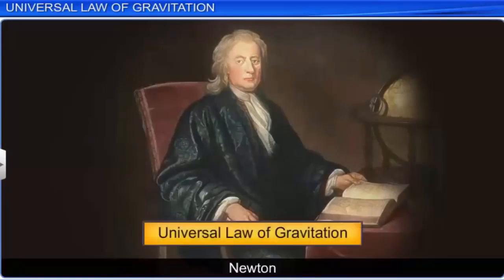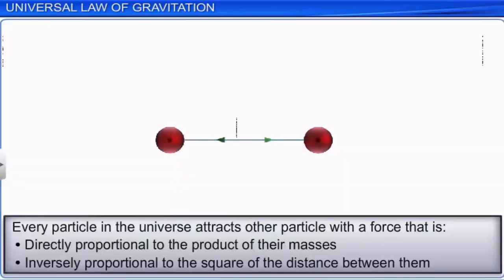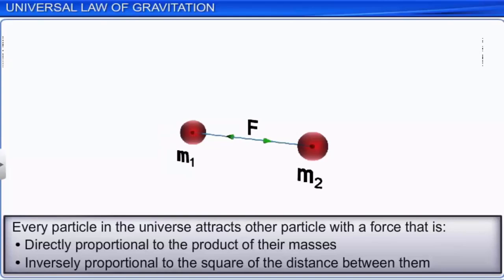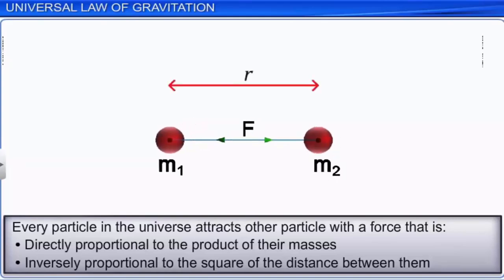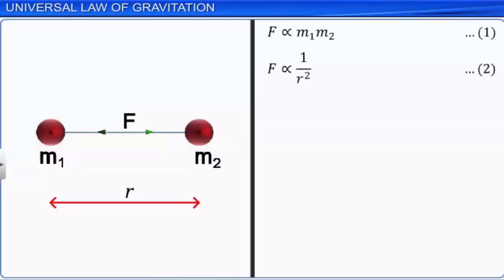It states that every particle in the universe attracts every other particle with a force that is directly proportional to the product of their masses and inversely proportional to the square of the distance between them. Thus, the law can be expressed as shown here. Combining the two expressions, we get F is directly proportional to m1 into m2 by r square.